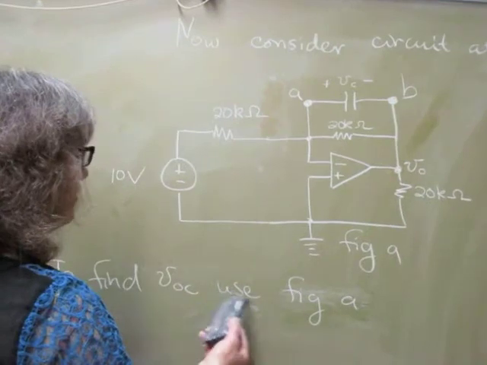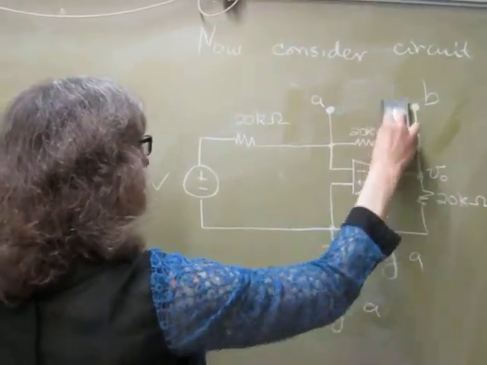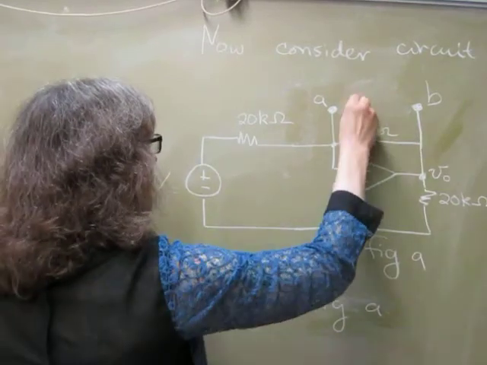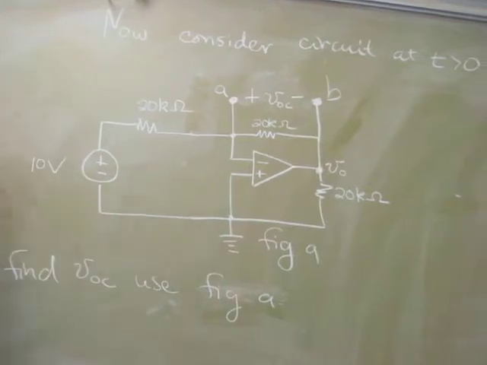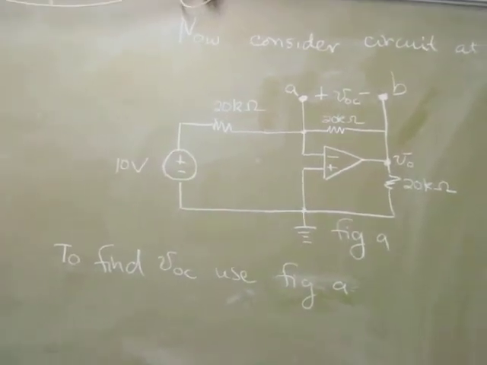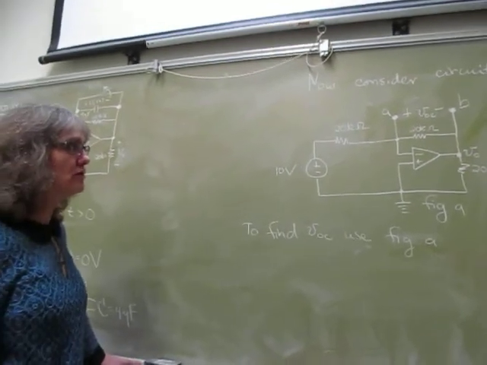Because remember, I'm looking for the open circuit voltage, which means that I'm looking at it from the perspective of A and B and opening up those terminals and labeling a voltage there, VOC. That's what I'm looking for, that open circuit voltage.